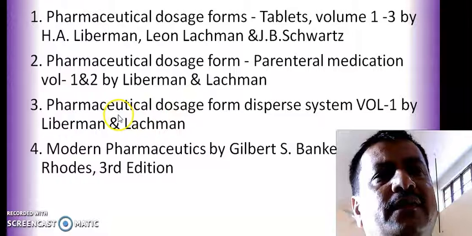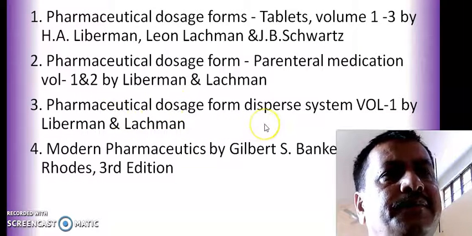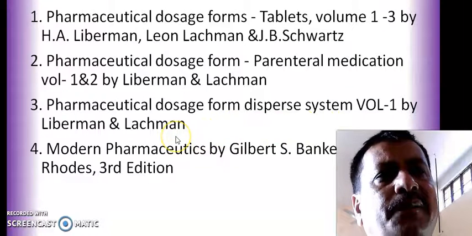Then we have Pharmaceutical Dosage Form Disperse Systems, Volume 1 by Lieberman and Lachman. So all these first three books are from the Dekker series.